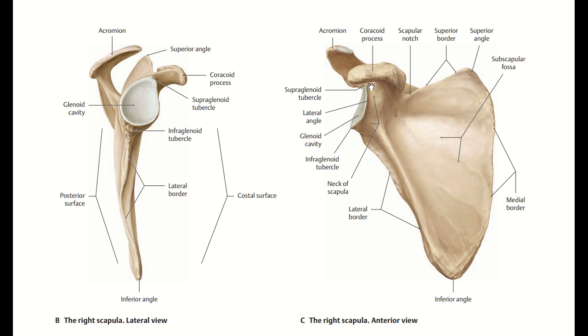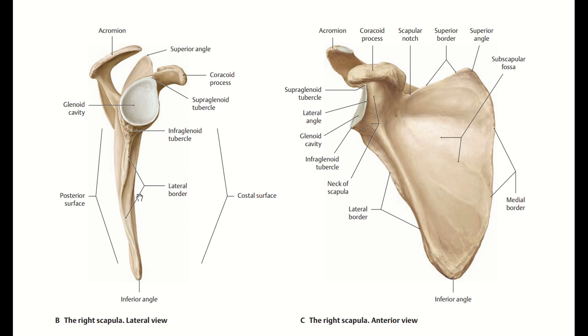Above this glenoid cavity, you're going to have a tubercle, which is called the supraglenoid tubercle. The supraglenoid tubercle is for the attachment of your long head of the bicep muscle. Below it, you're going to have an infraglenoid tubercle for the attachment of the long head of your tricep muscle.